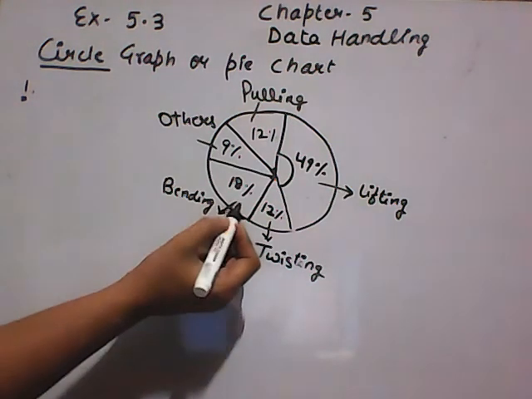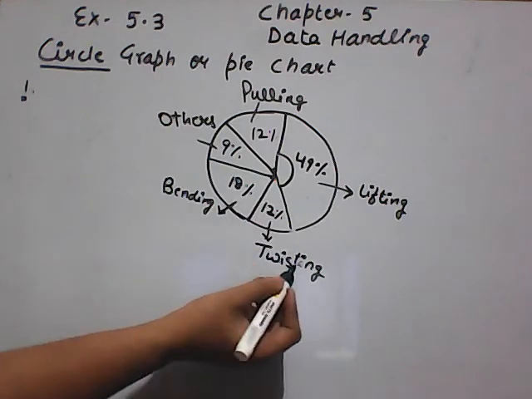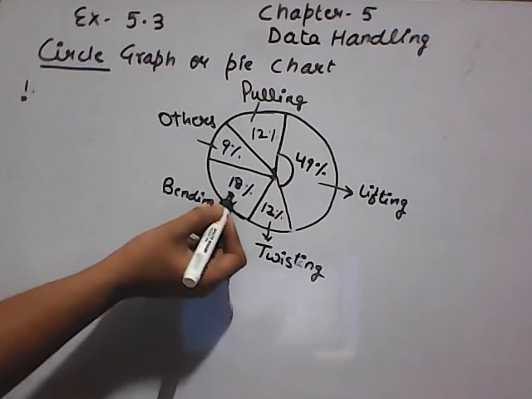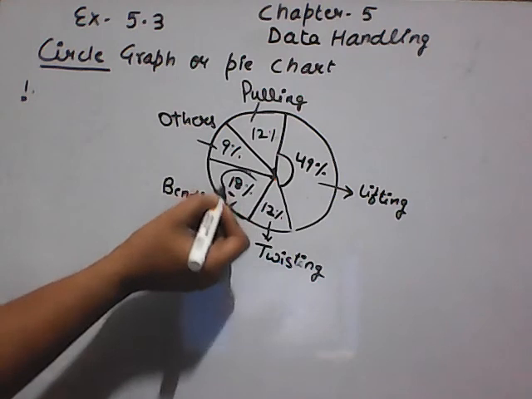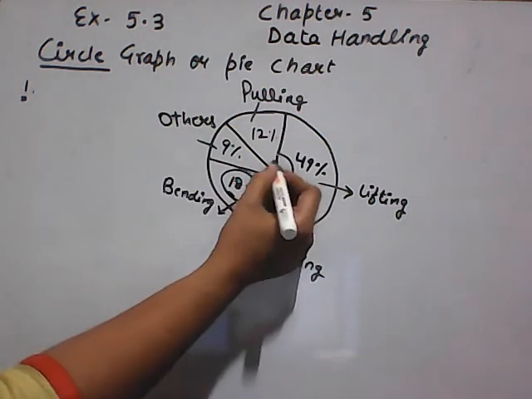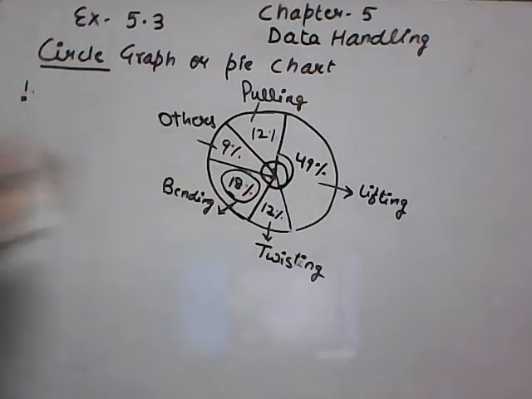Here, their lower back is injured by means of bending or by means of twisting. By bending, it is 18%. You can find out this bending relative to the whole, that means in a circle, a complete revolution is 360 degrees.